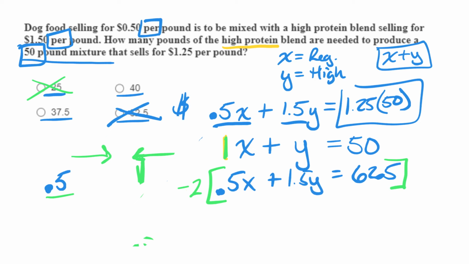And what I'm going to do is distribute this -2 to everything. -2 times 1/2 is -1x. -2 times 1.5 is -3y. And -2 times 62.5 is -125.